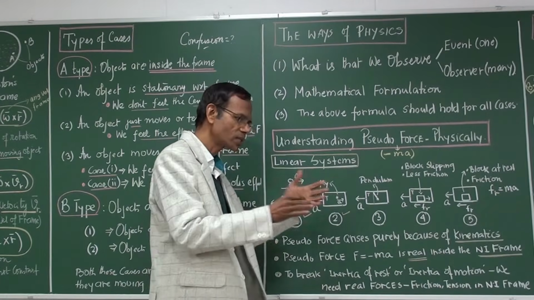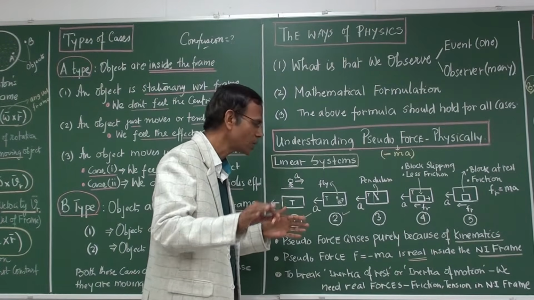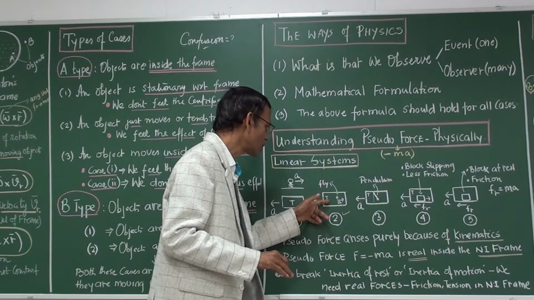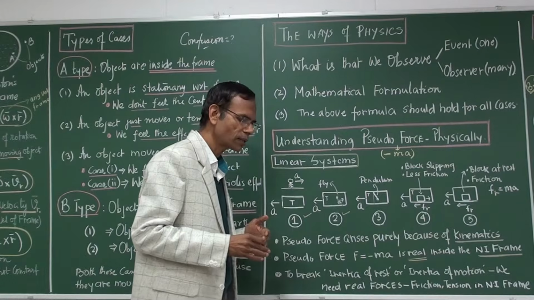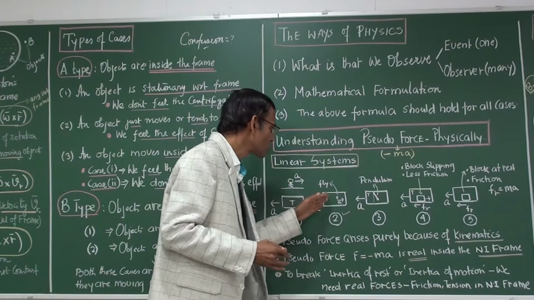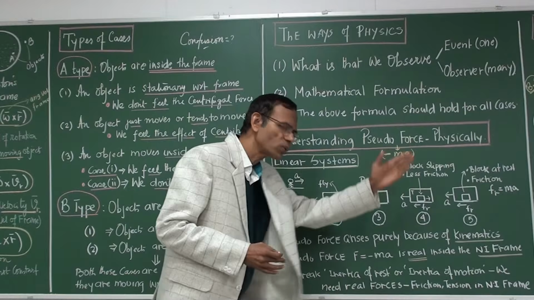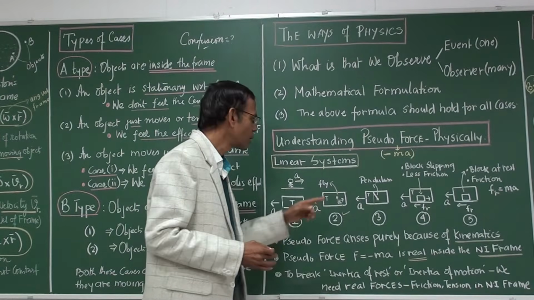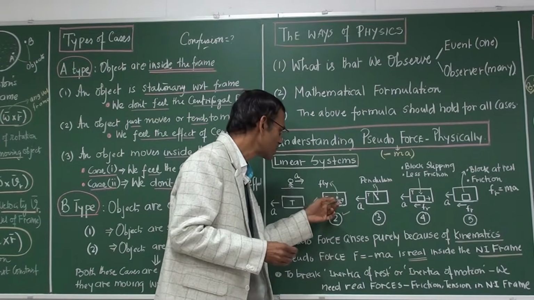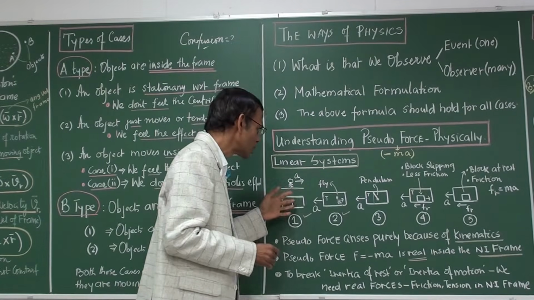That is what he will observe, the reality from the inertial frame. This person who is in the train, since he is accelerating, he is not able to see his own acceleration. So he will see that this fly is going backward with an acceleration a. He will put a pseudo force, which is ma, in a direction opposite to that in which the train is accelerating.